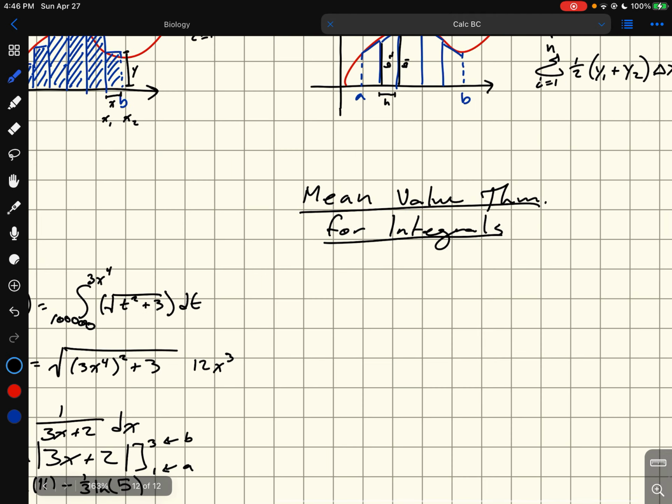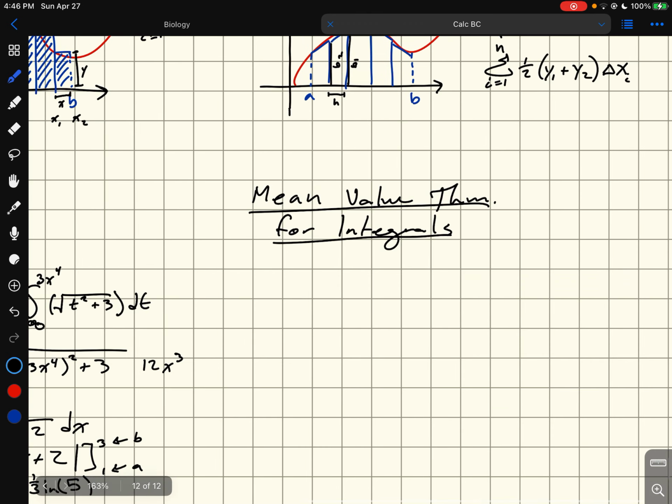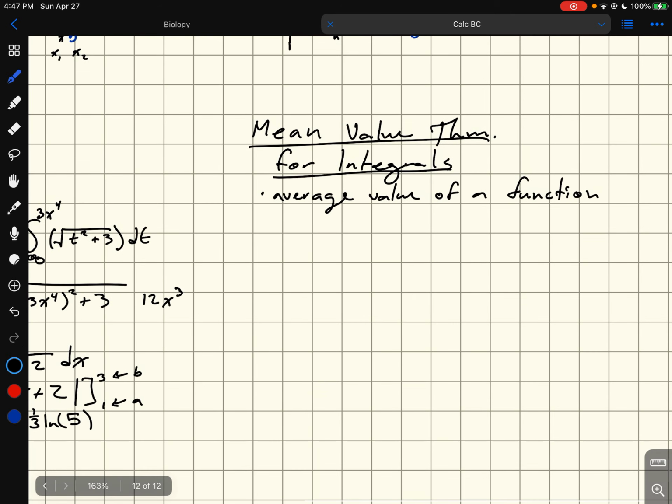So what this one is talking about is the average value of a function. It calculates the average value of a function. So whenever you see average value of something, you're probably going to be doing this.